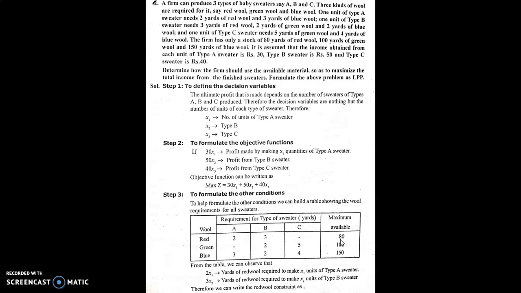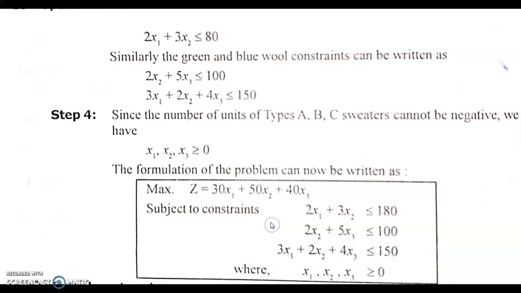Because available quantity is only 80. That is why you have to sum it up: 2x1 plus 3x2 is less than or equal to 80. Please refer to the previous slide of the table.